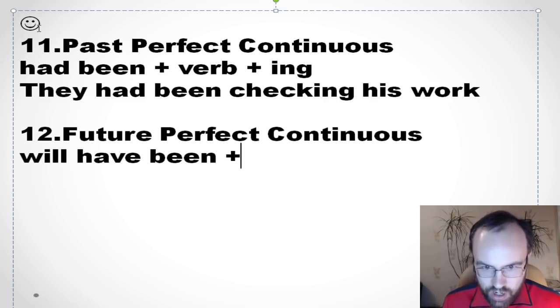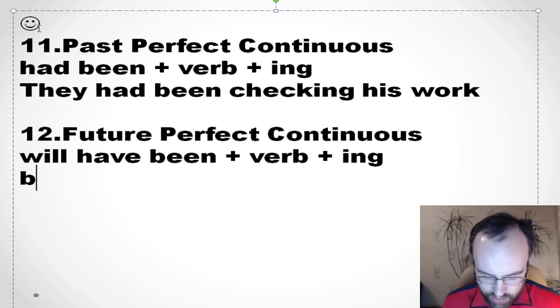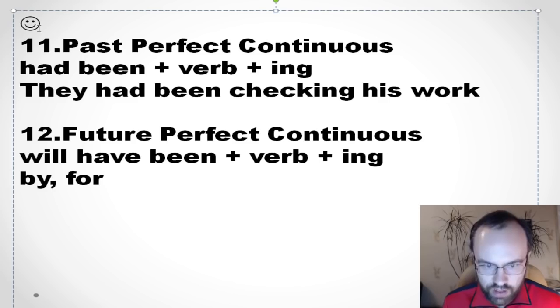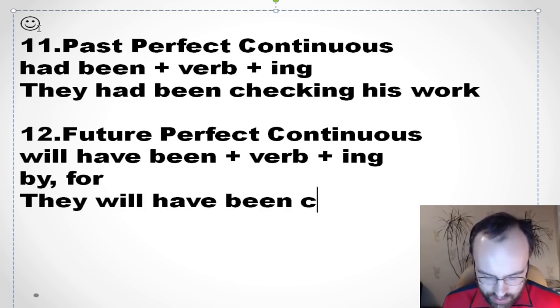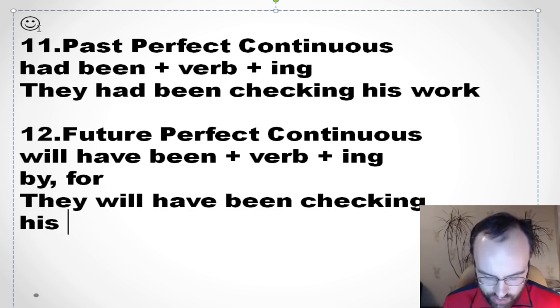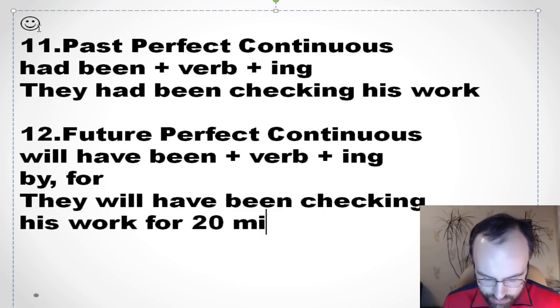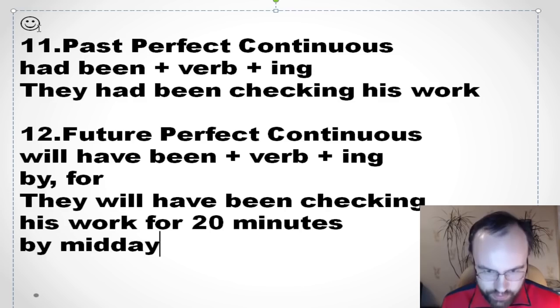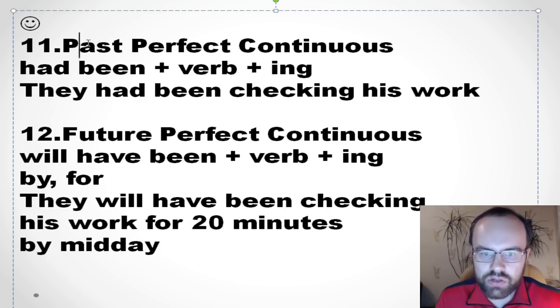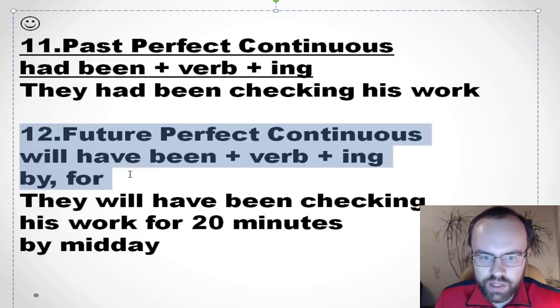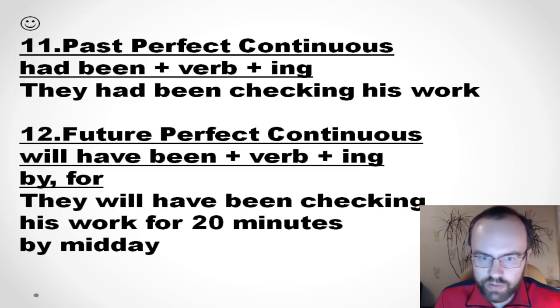Will have been plus verb plus ing. We use it when we have by and for. So for example, they will have been checking his work for 20 minutes by midday. Okay, very good. So you see the formation and the examples. These tenses aren't so common, but anyway, you need to know them, I think so.